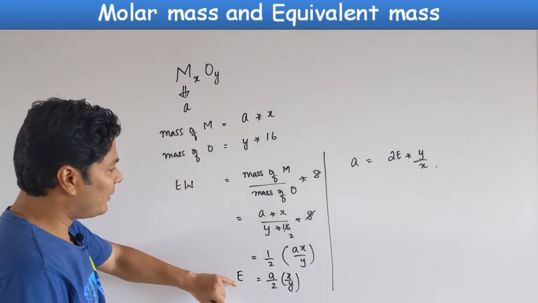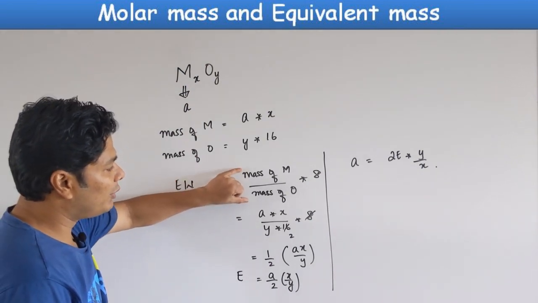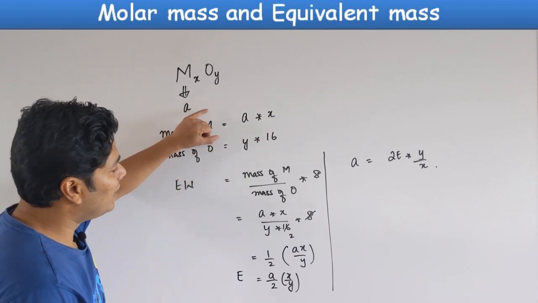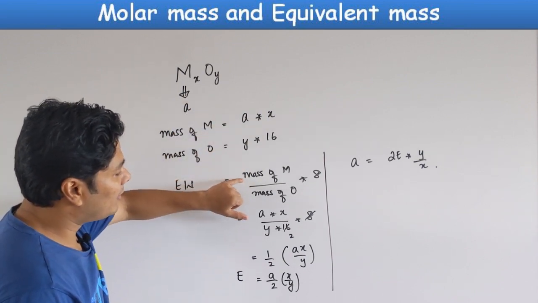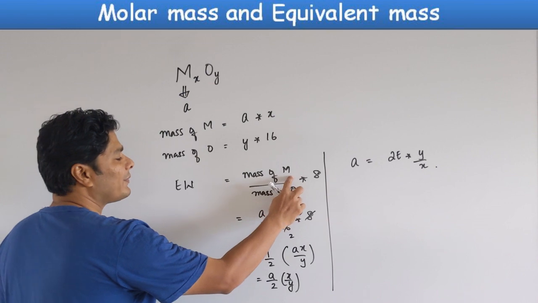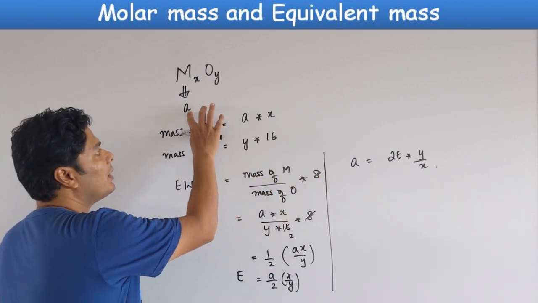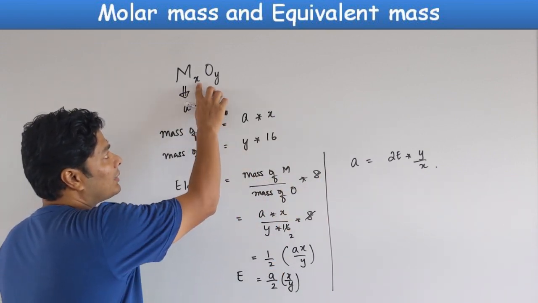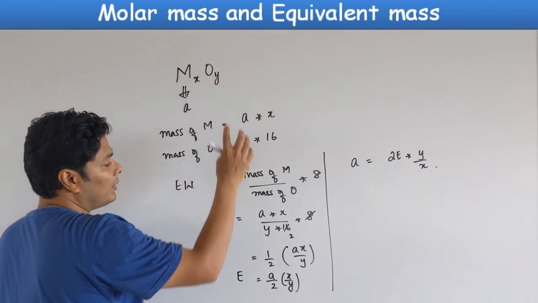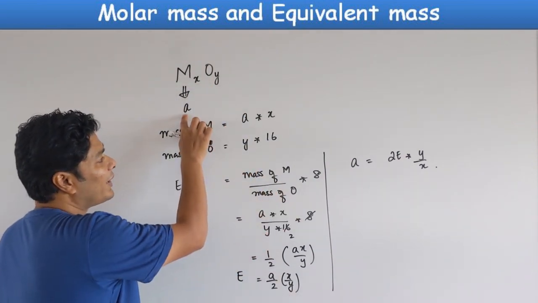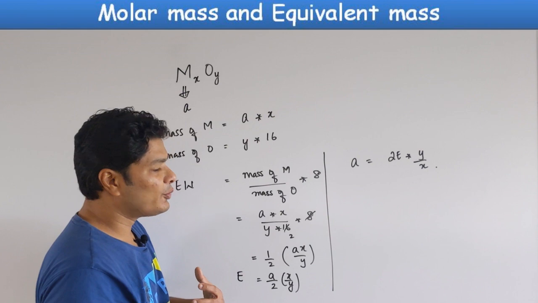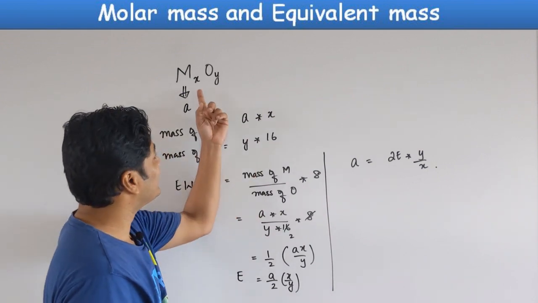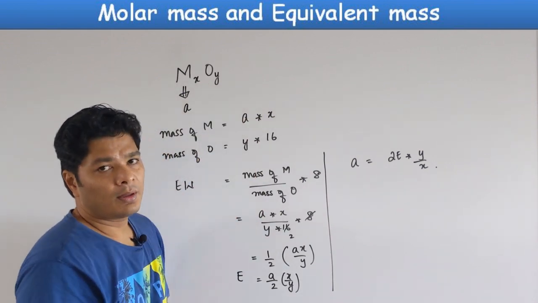The moment they give you equivalent weight, if you are able to think about this formula, you can write it out and then look into how to get the mass of M. Generally, the mass of something is the atomic mass times the corresponding subscript. Then you can set up whatever symbol for what you don't know. I would not use x here as the unknown because x is already assigned for the subscripts.